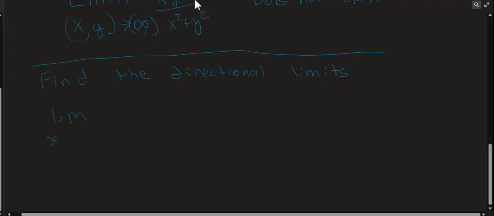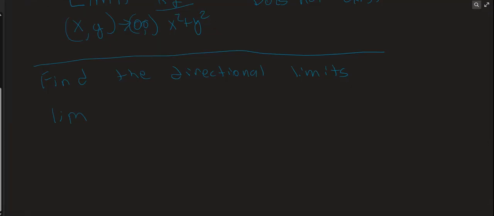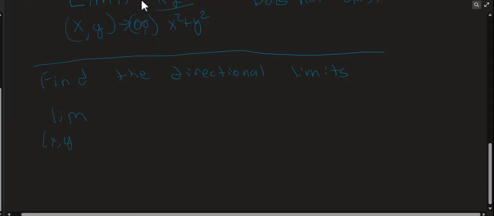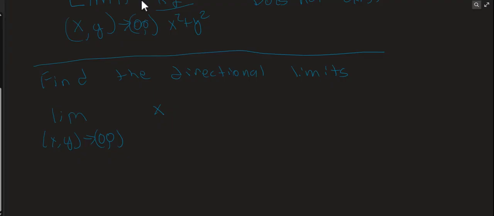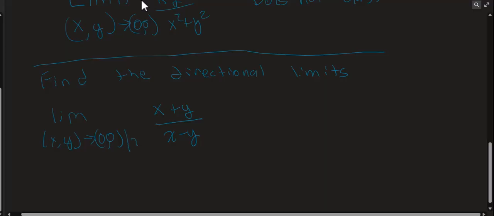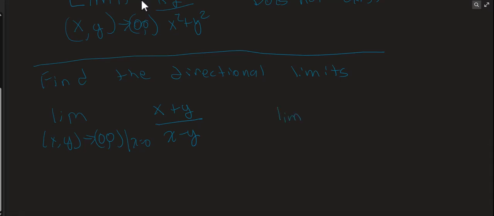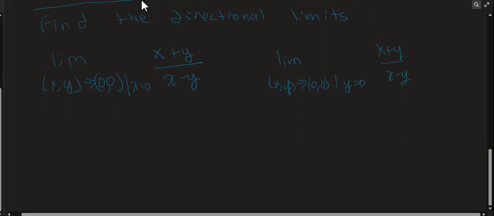The limit as xy approaches 0, 0 of x plus y over x minus y along x equals 0, and the limit as xy approaches 0, 0 along y equals 0 of x plus y over x minus y. So try those and see what you get. So pause it and see what you get.